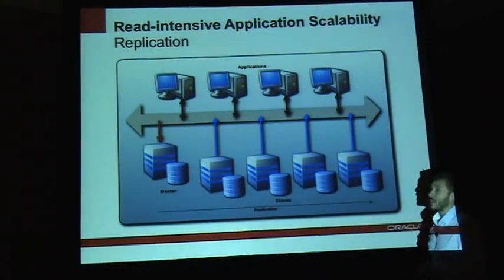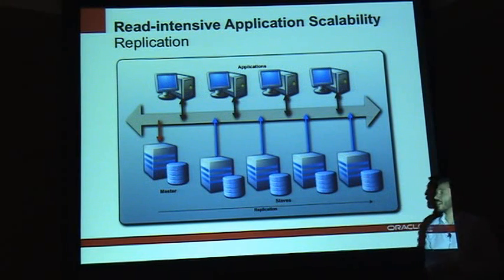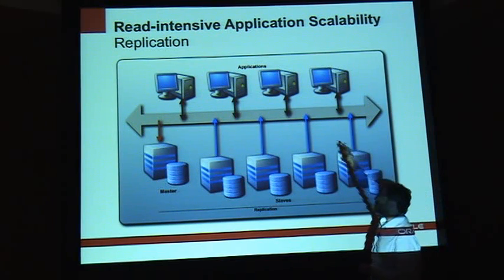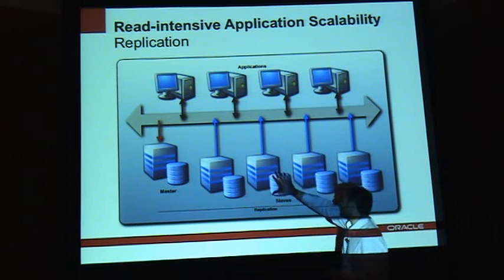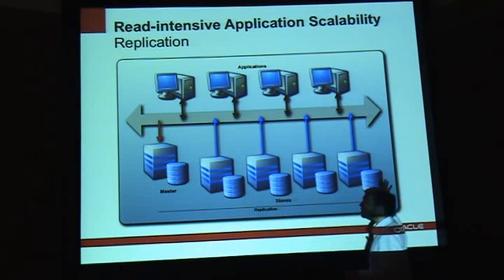So for example, when you have some read-intensive applications, and you can take here any kind of interesting application you can find on the web, the idea is that your application servers can rely on replication to write data on the master, and then to read data from all the servers available as slaves.